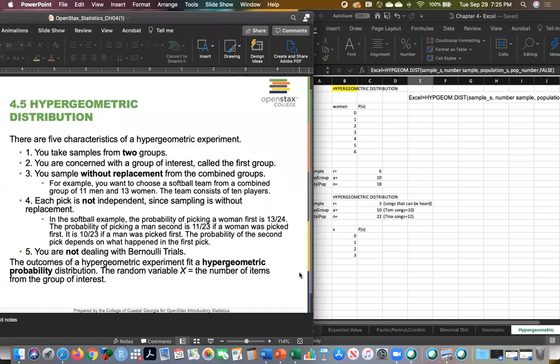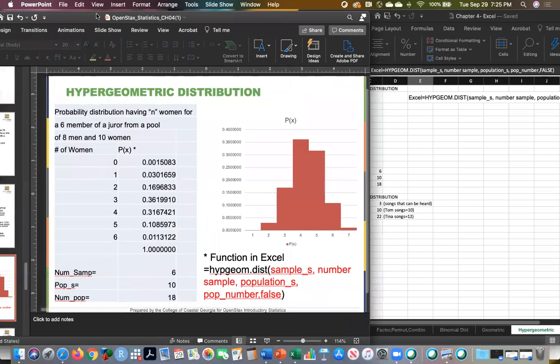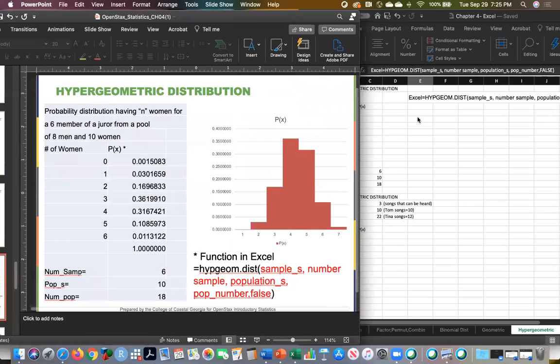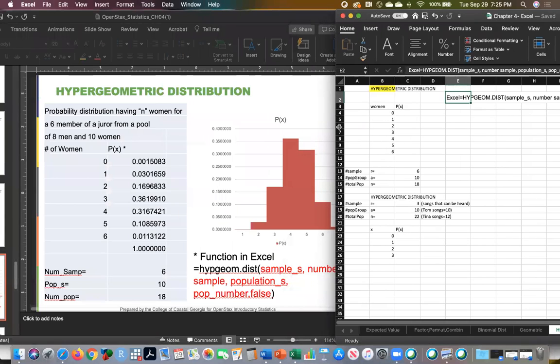So I think I copied this example. Here is the example: the probability of having a certain number of women for a 6-member jury from a pool of 8 men and 10 women. So we have a bigger number of women compared to men, right?